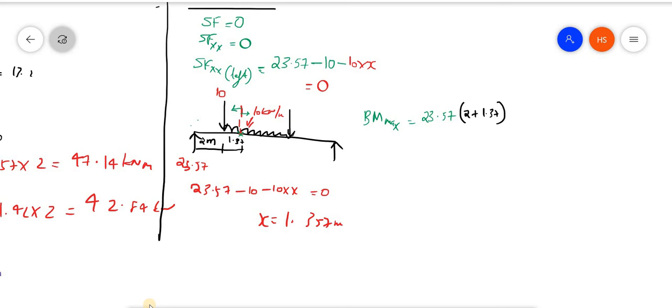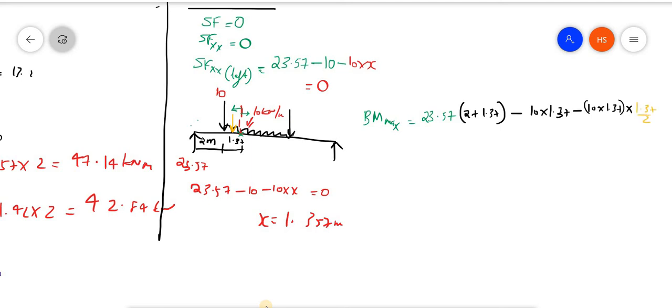That is one load. Minus this 10 is happening in the anti-clockwise direction, that is minus 10 into 1.37. Again minus due to this UDL, it is 10 into 1.37, that is a load, and that load will be acting at the center, 1.37 divided by 2.